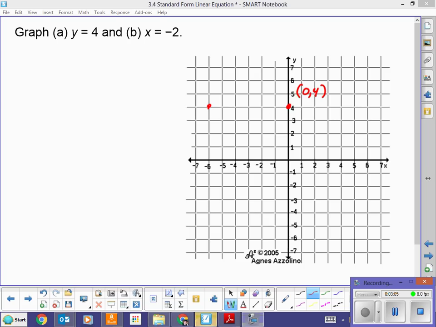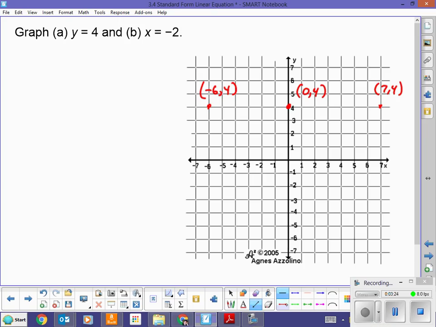Over here, -6, 4. And over here, 7, 4. And there's going to be an infinite number of points that pass through the value where y equals 4. So what do we get here? We get a horizontal line that passes through the y-axis at 4.